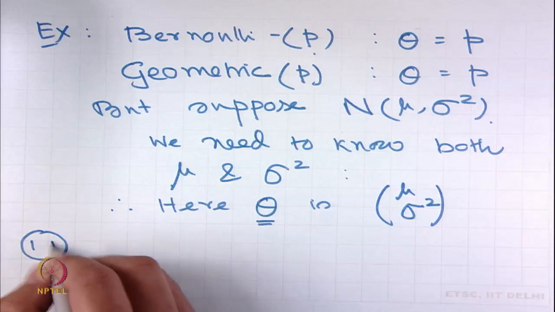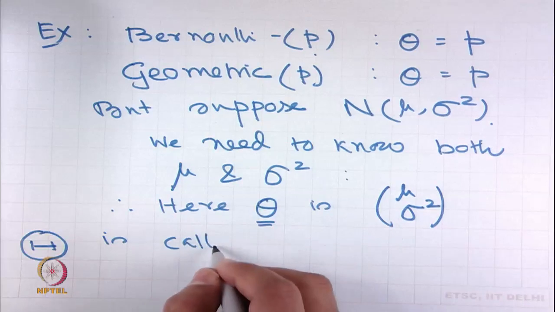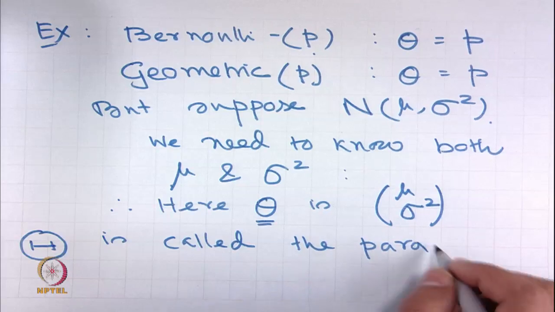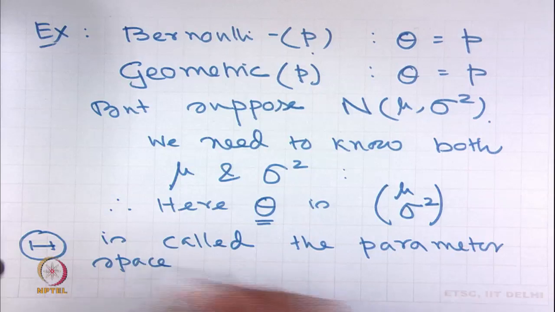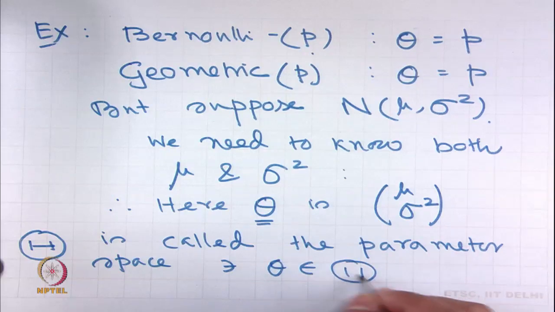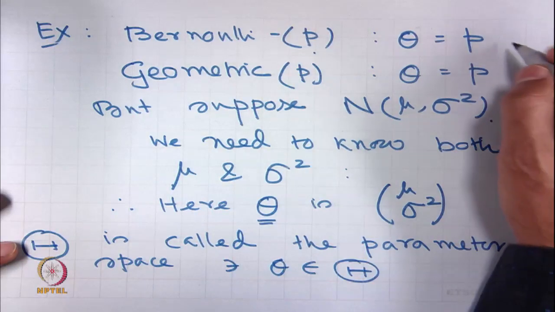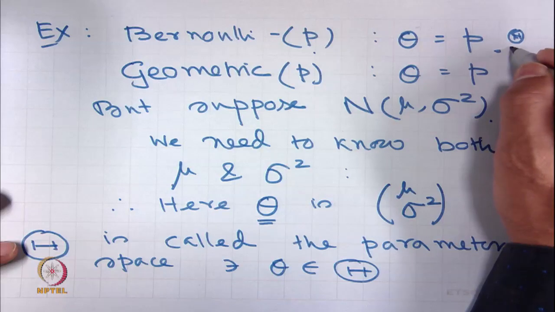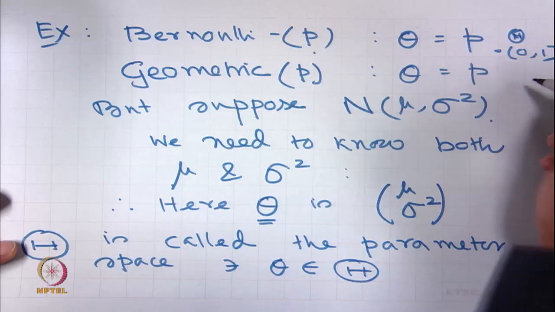You often find the term capital theta called the parameter space, such that theta can belong to capital theta. For example, when you are looking at p, capital theta is 0 to 1 on the real line.